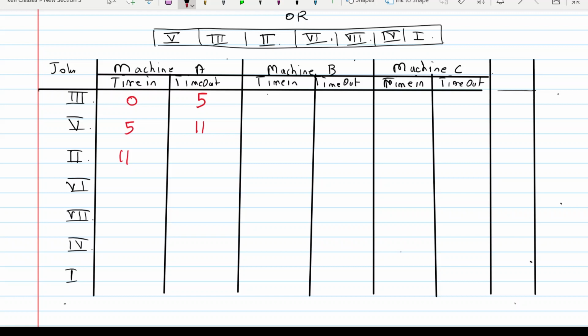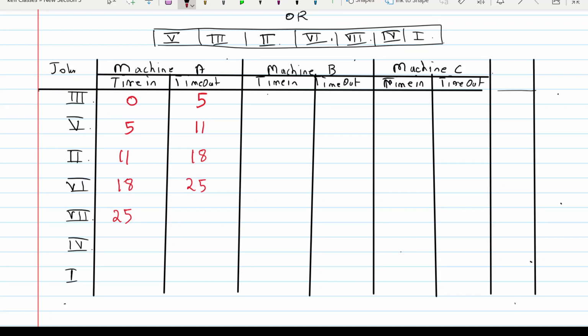Which is this job now? Job 2. Job 2 is for how much time? 7. So it will be 18. Then this will come in at 18, and job 6 it is. Job 6 is for how much time? 7. So 18 plus 7, 25. 25 comes over here. Job 7.